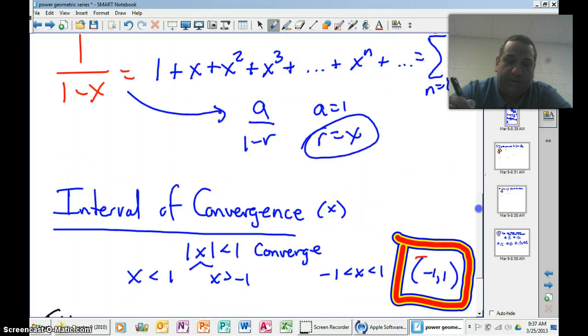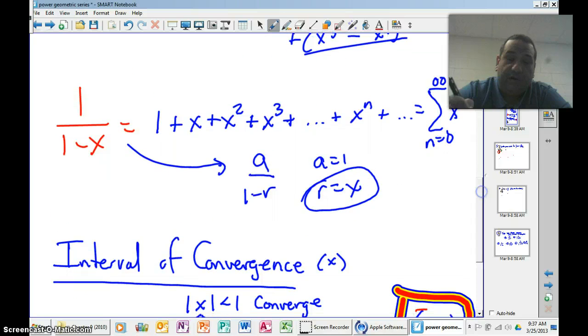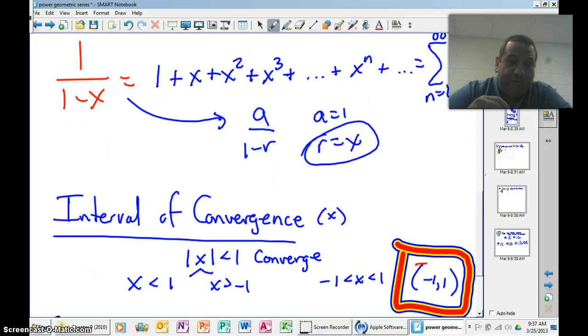So I'd like to talk about something called the interval of convergence. For this to converge, I need the absolute value of x to be less than 1. So that will mean that x is less than 1 and x is greater than negative 1. So to show that, we need x greater than negative 1 and less than 1.